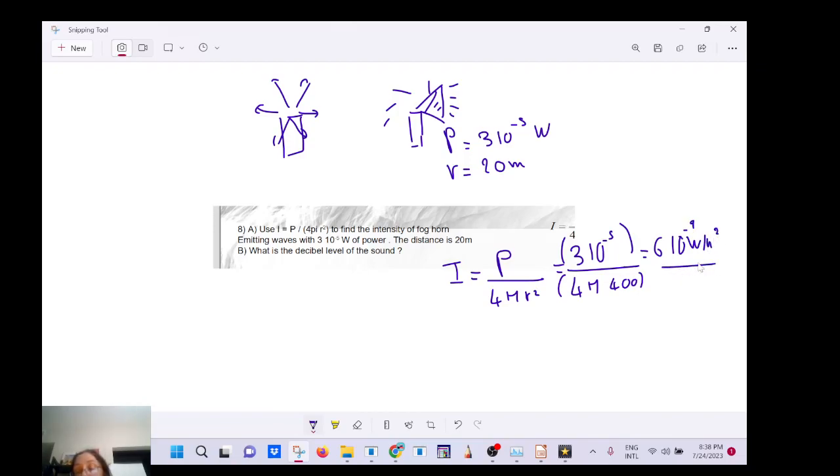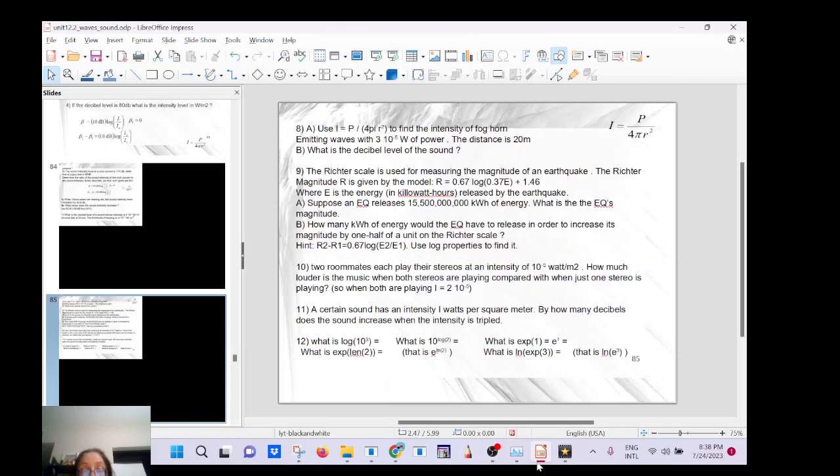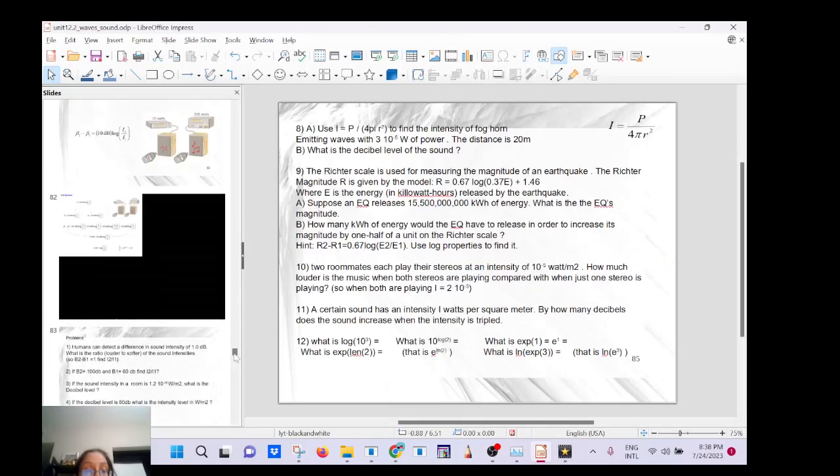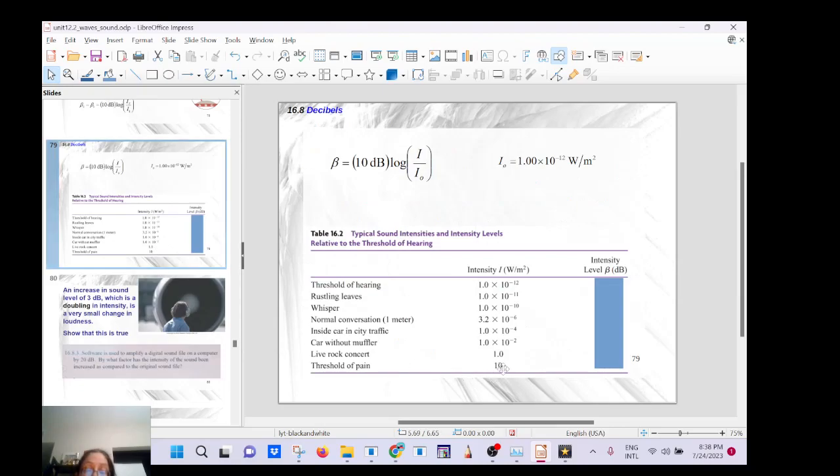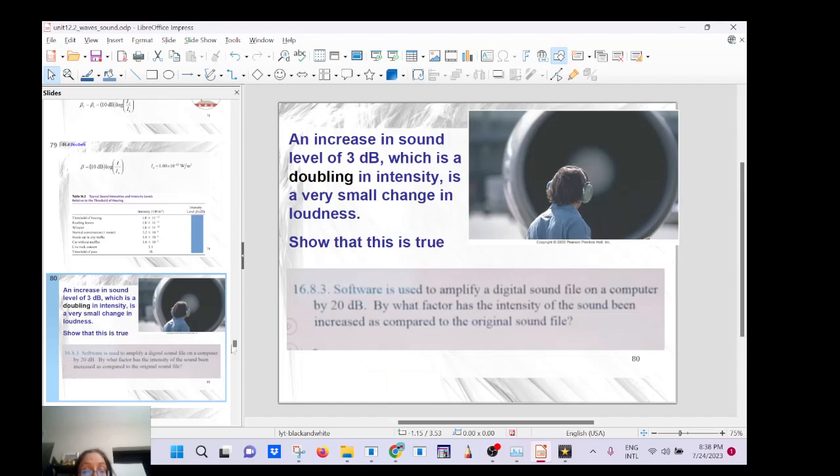Once you have your intensity, you can find the decibel level, which is 10 log of 6 times 10 to the negative 9, over a reference. When you have a decibel scale, you need a reference, right? The reference here is the threshold of hearing, which corresponds to 0 dB, because you compare everything relative to that threshold.